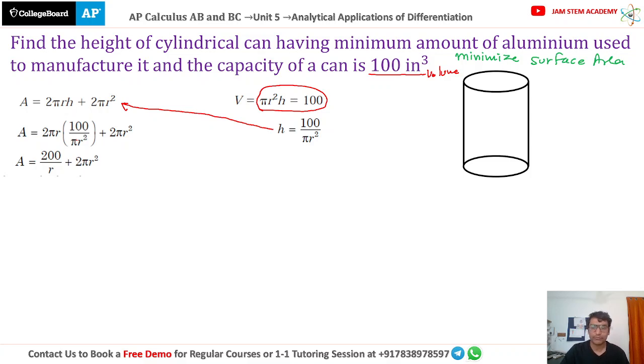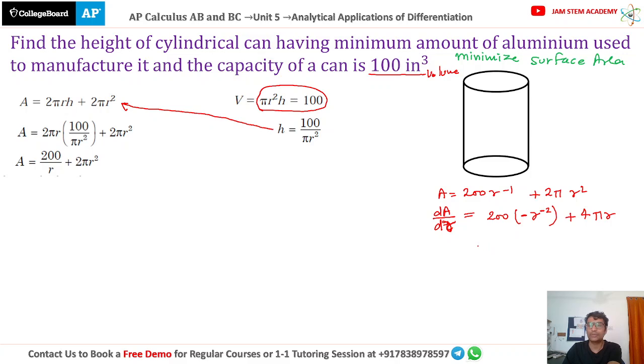So using the power rule, I can rewrite this 200 over r as 200 r raised to the negative 1 plus 2 pi r squared. That is my area formula. Now if I differentiate it, dA over dr gives me 200 as it is, for the r raised to negative 1, the derivative is negative 1 times r raised to the negative 2, plus 4 pi r.